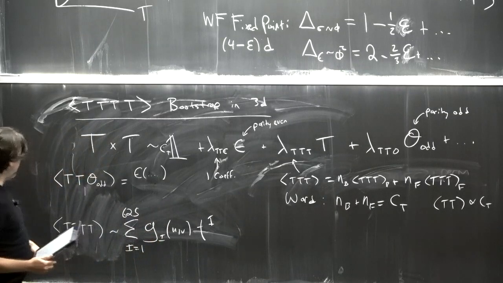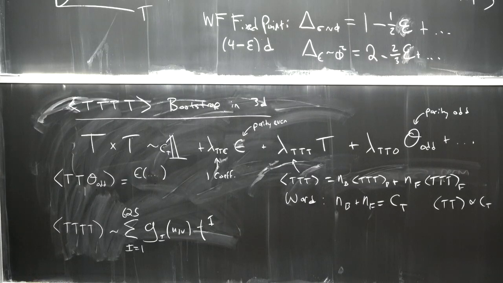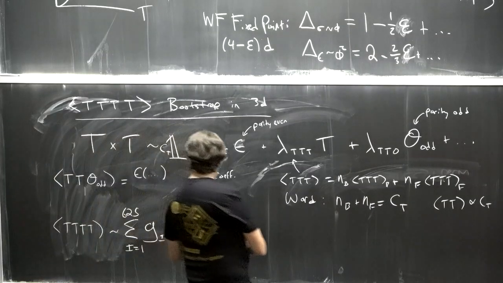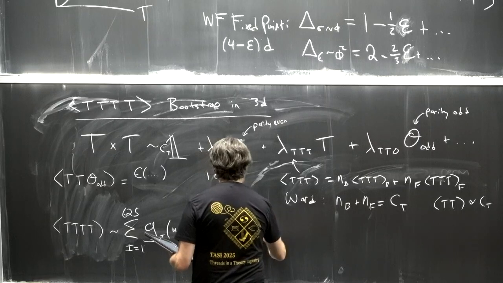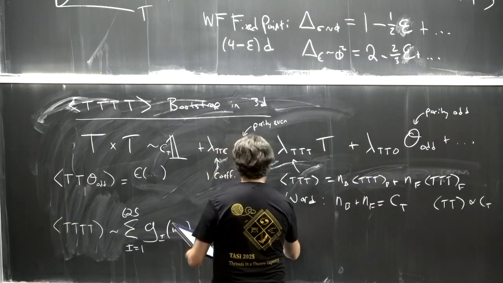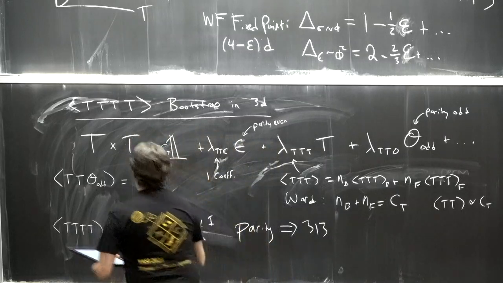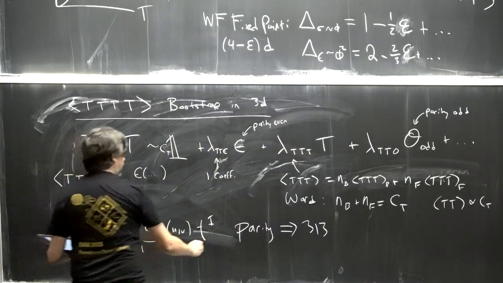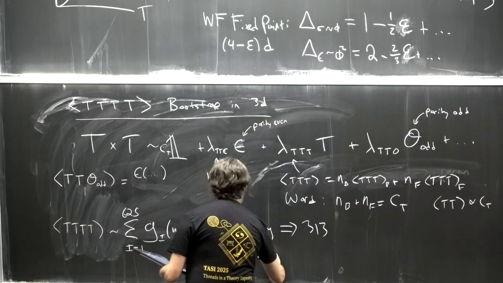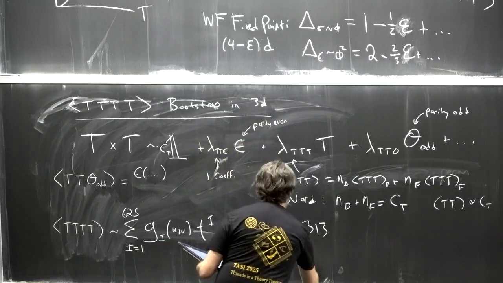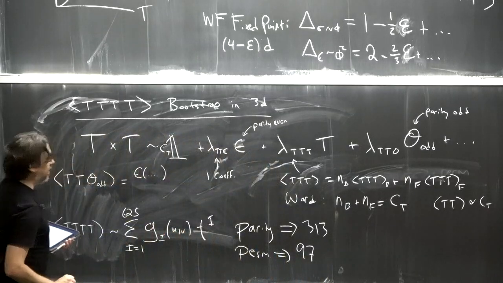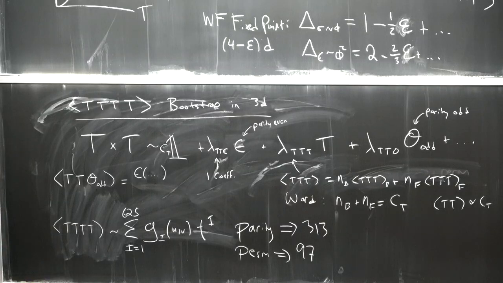That cuts it down to 313. You impose permutation invariance. It cuts it down to 97. And then you impose conservation of the stress tensor. So that's really what's doing all the heavy lifting here.